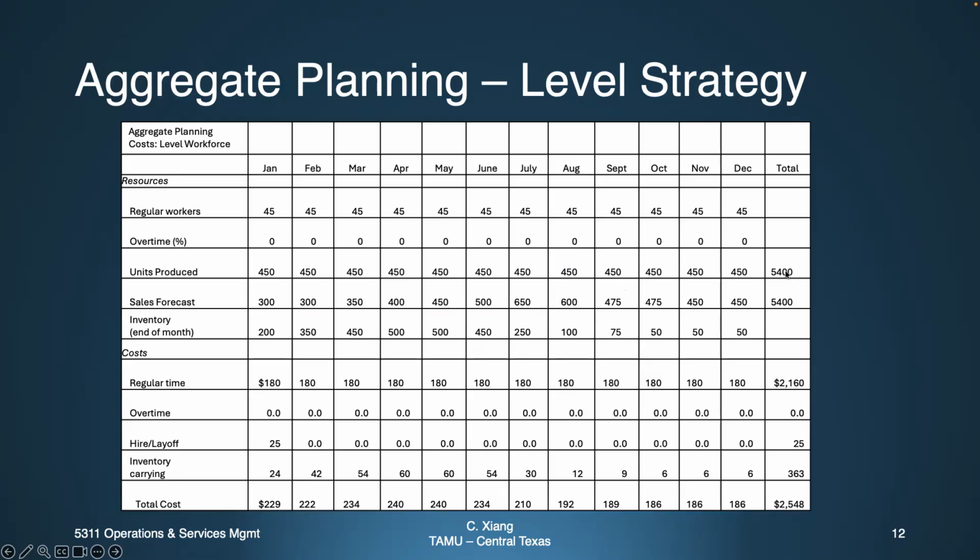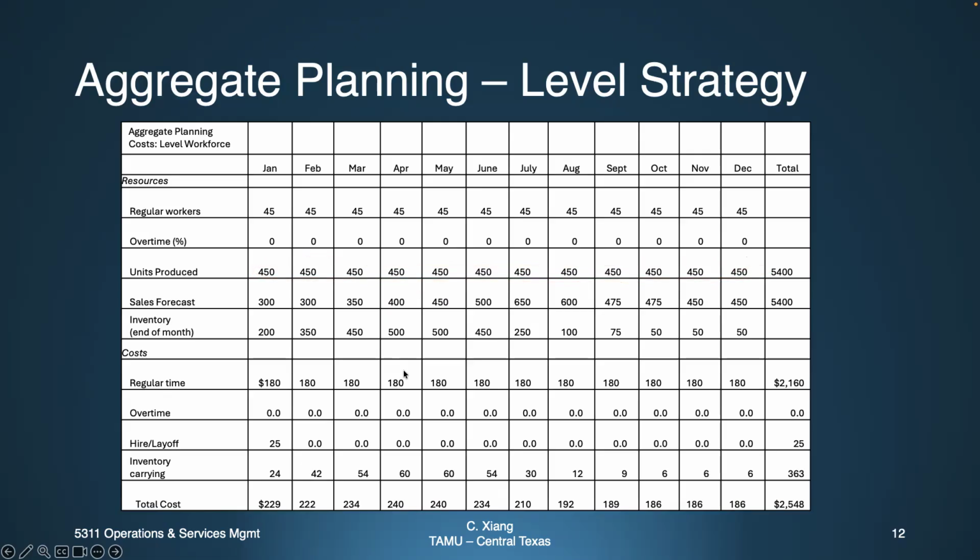If we implement a level strategy, we aim to keep production constant. Okay. Therefore, how do we set up this level? It's easy. The annual demand is 5,400. I just match it with 5,400 and average it into 12 months. That means each month we produce 450 units.